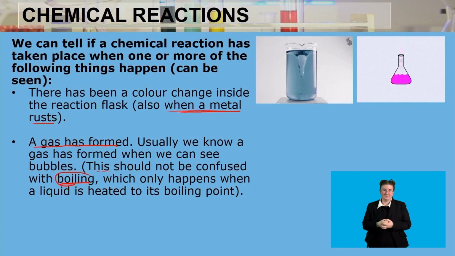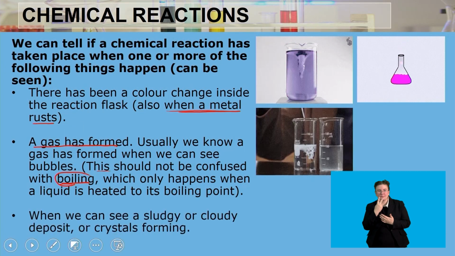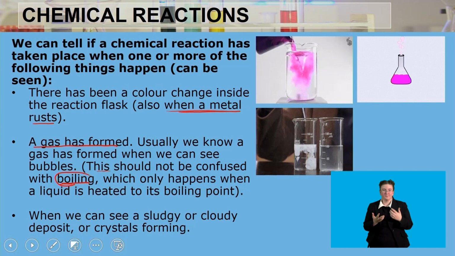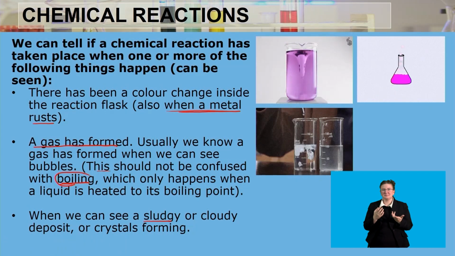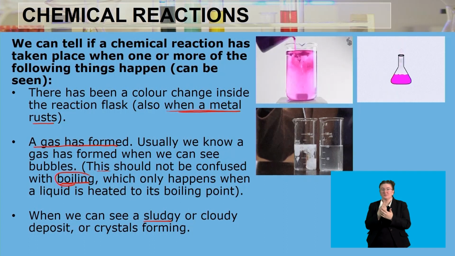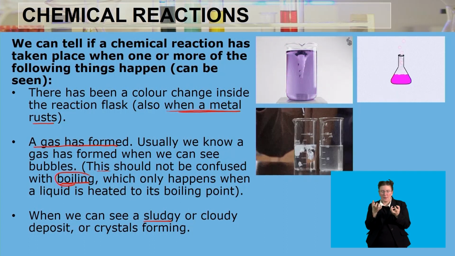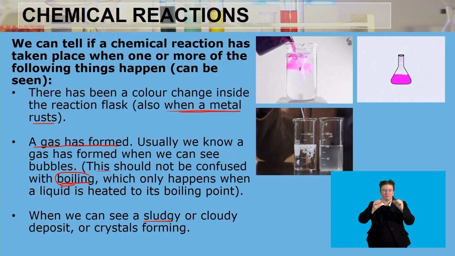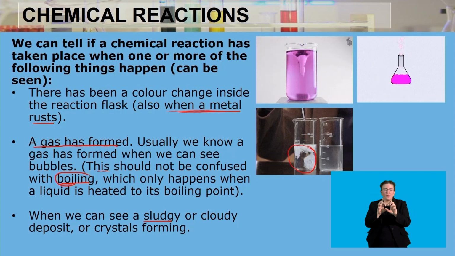If not those two things, then what else can tell us if a reaction has taken place? When we can see a sludgy or cloudy deposit, or crystals forming. As we can see in this picture, there's sludge being formed after the substances are mixed in a flask or a beaker. We can see that cloudy substance being formed there.